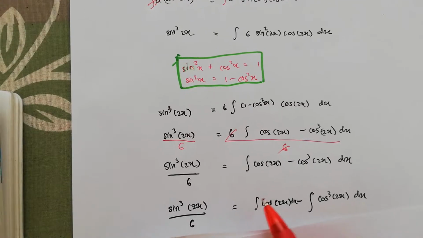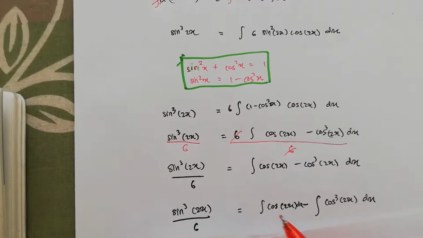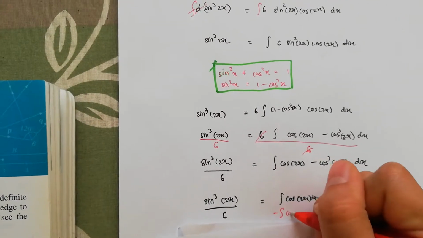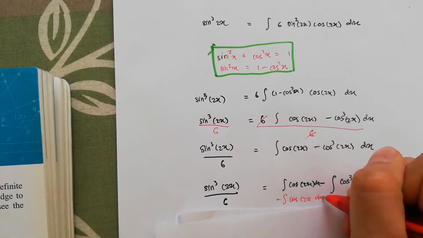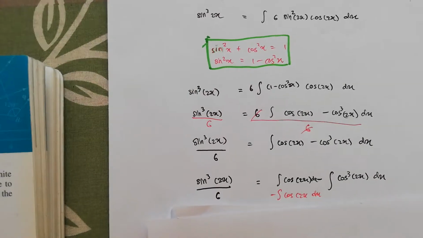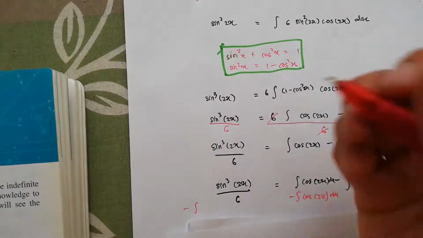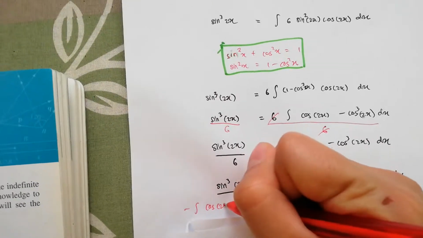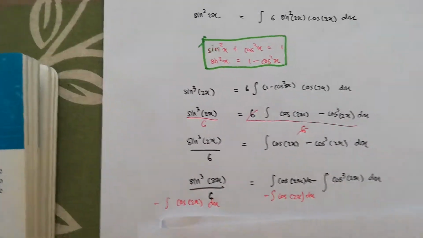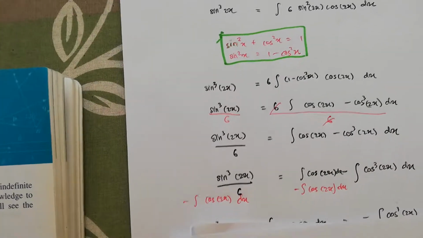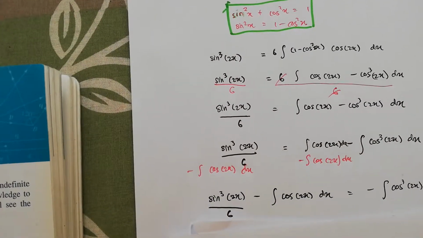I don't want this, so how do I get rid of it? Simple: you minus the integration of cosine 2x dx on the left, and minus the integration of cosine 2x dx on the right. So you get rid of this, and you get this guy now.